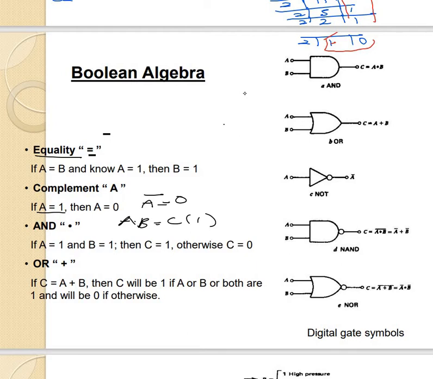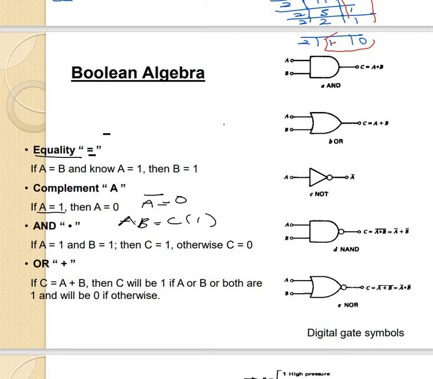So another digital gate is OR. OR is expressed by addition.